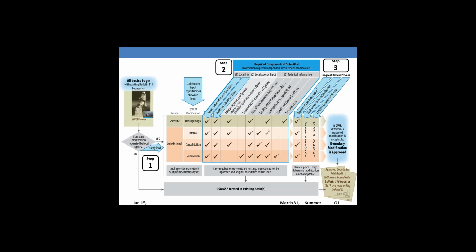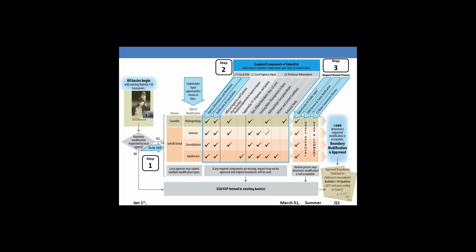So that would be the primary method for handling subdivision. If that's beyond what the local agencies feel is appropriate for management practices, then you can engage in the process. And the process, if you choose to modify a basin boundary, has three primary steps. The first of which is to notify the department.